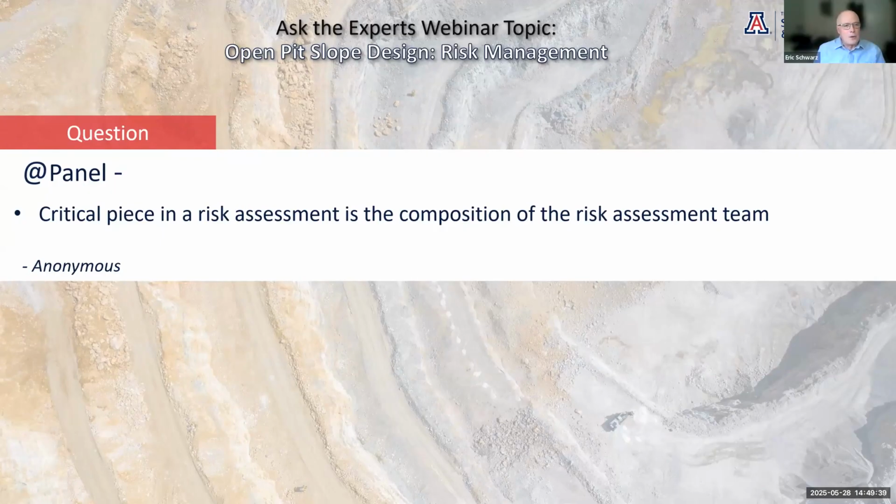That's a good comment, Julian. I think the only thing I would add is that some of the more successful risk assessments I've done in larger groups have a single person that keeps track of what gets into the risk assessment. That person has a lot of experience and is kind of the arbitrator, if you will, to quell the competing interests and make sure that everybody's interest is heard.